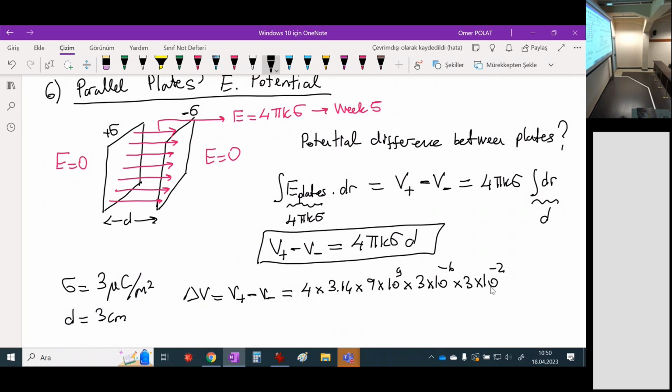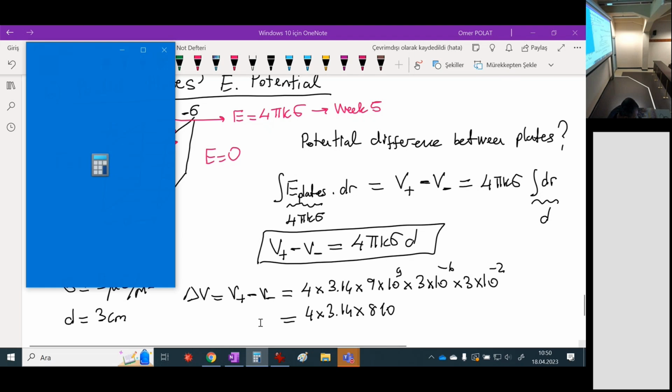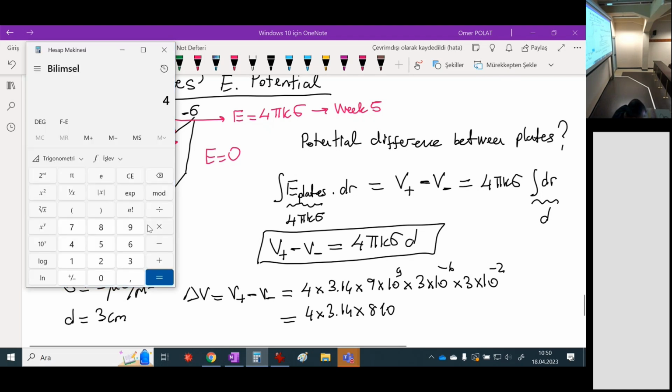Yes, if I take all of these numbers, what is the potential difference between the plates? Only 10 comes from here. 9 times 9 is 81, 4 times 3.14 times 810.